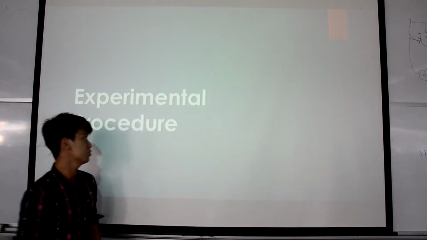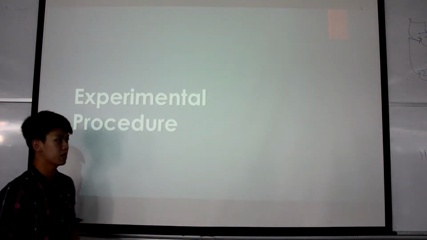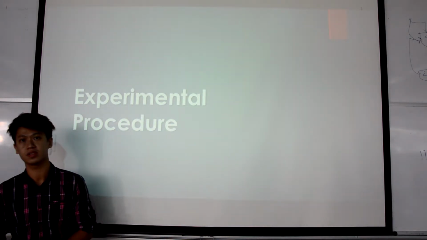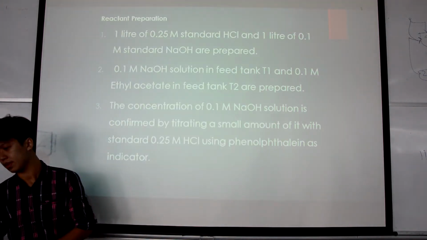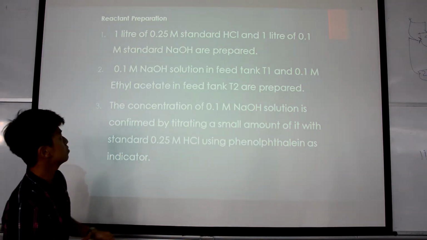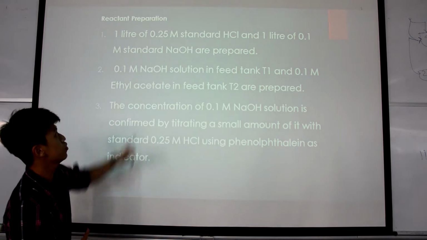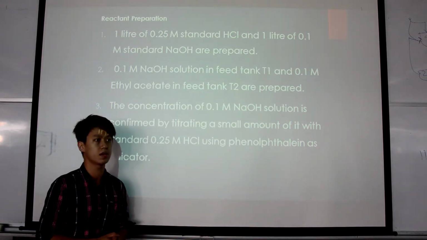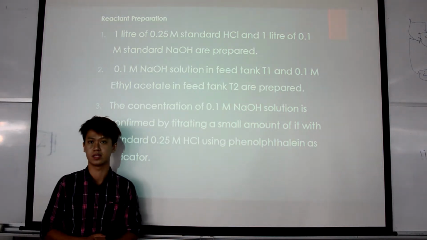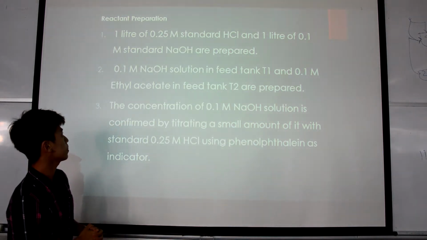Now we proceed to the experiment procedures. How we can actually carry out this experiment to determine the effect of the temperature on the reaction. First, we need to prepare the reactants. The reactants we are using here are 0.25 mole standard HCl and 1 liter of 0.1 standard NaOH, which is sodium hydroxide.